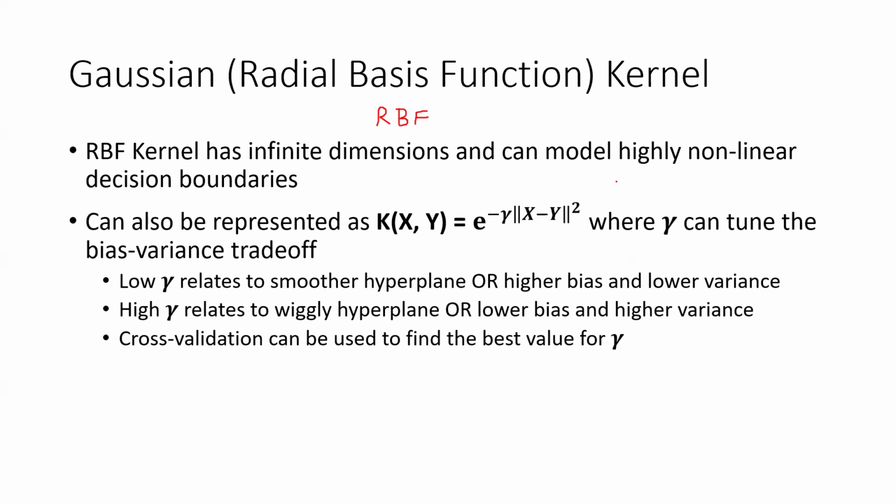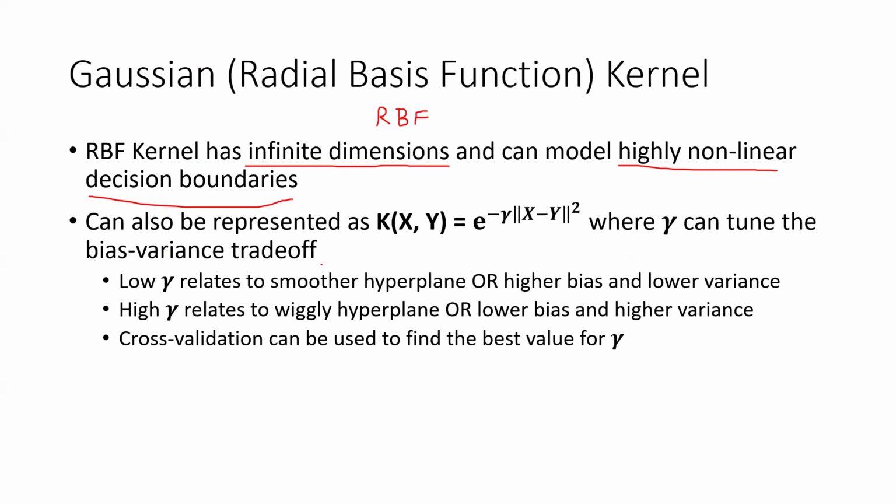Unlike the polynomial kernel, where we have to decide the value for n, this Gaussian kernel naturally has an infinite number of dimensions. Because of that, it has highly nonlinear decision boundaries. If the polynomial size is infinite, definitely it would have highly nonlinear decision boundaries.